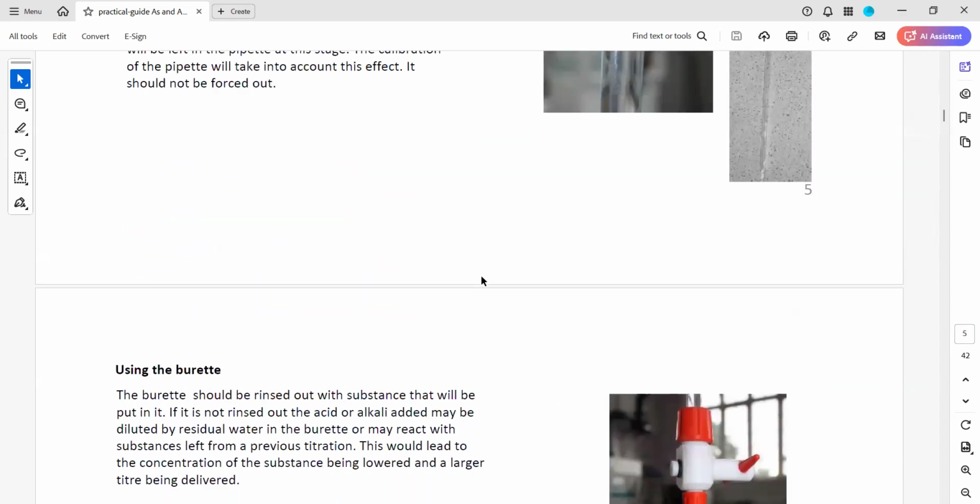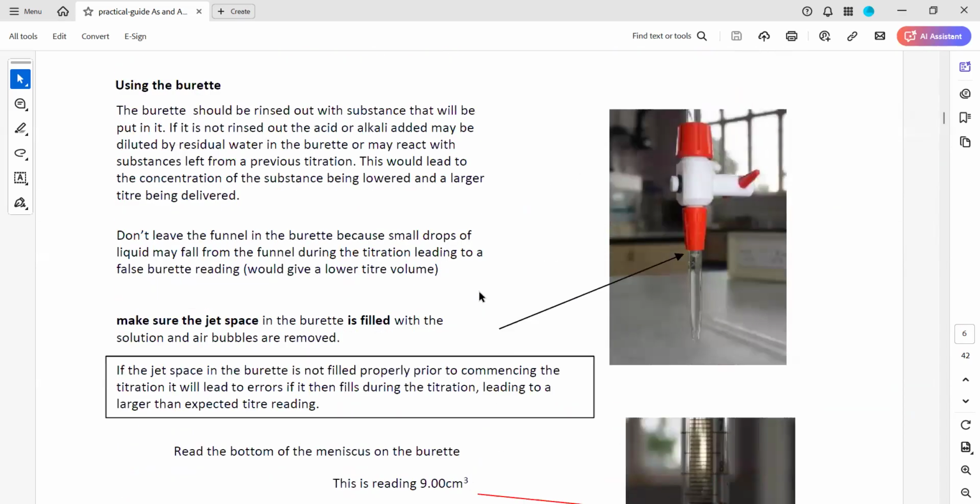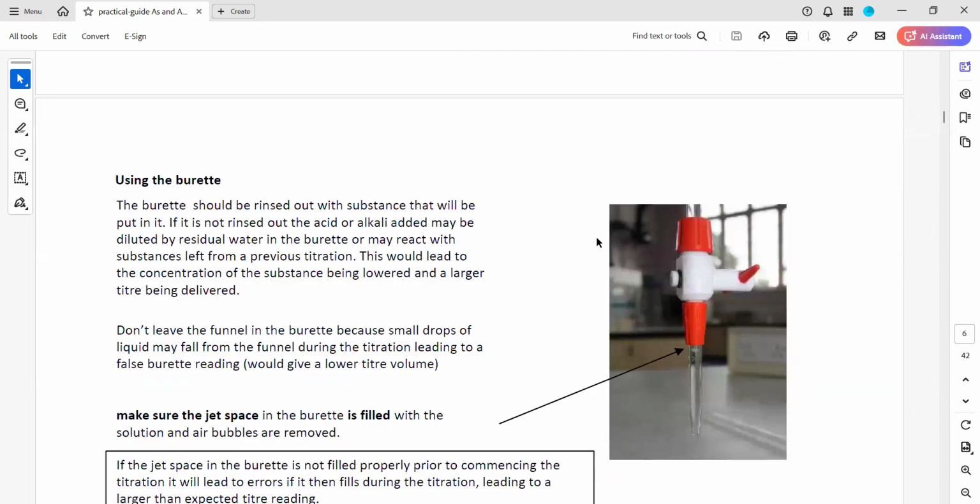Usually we use a funnel to fill up the burettes, so we fill up using a funnel. We don't leave the funnel in, because some liquid might be in the funnel and it will add into the burette, and that will cause inaccuracy in the final results, the volume which we remove.